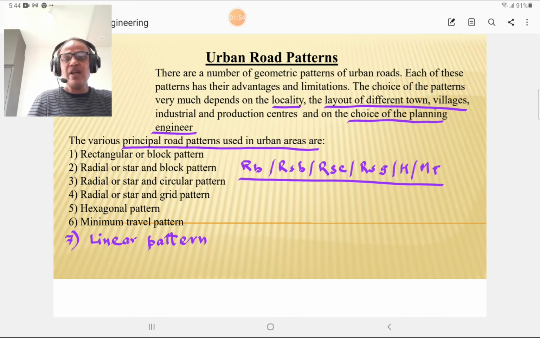Sixth is the minimum travel pattern. And seventh is the linear pattern, which is used nowadays. So please remember all of these from the examination point of view, as well as because you must know these types of road patterns which are usually seen in urban areas.